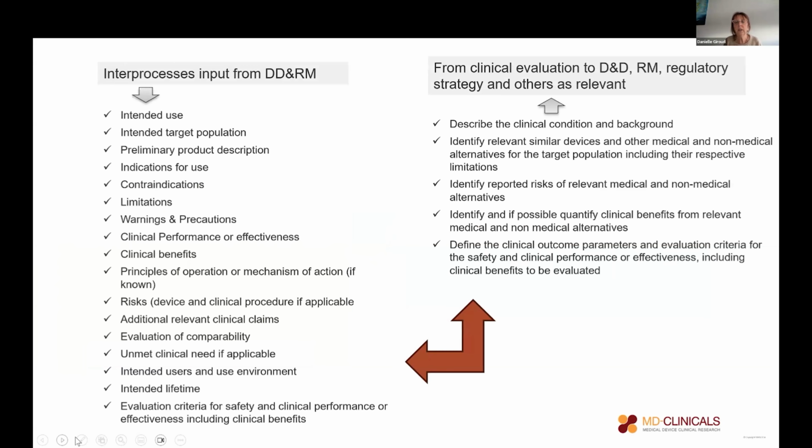That's important. So this slide depicts a longer list of inter-process input, and the input back from the clinical evaluation. So it's an ongoing process. This is not a one-go.